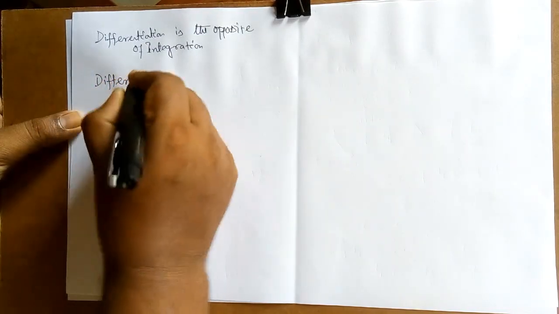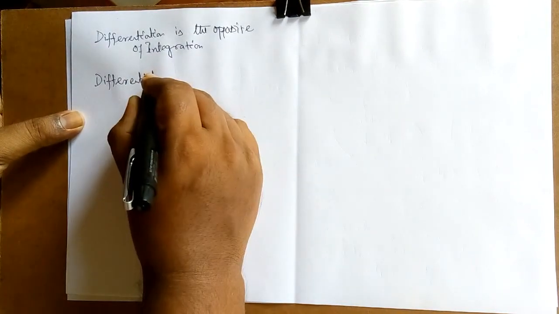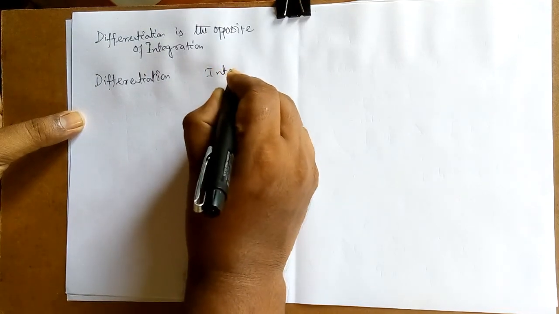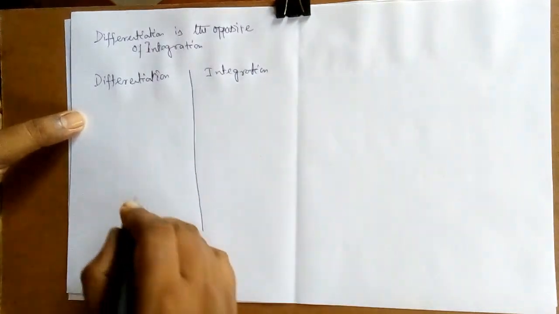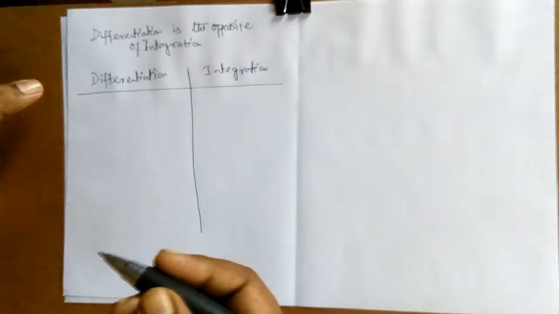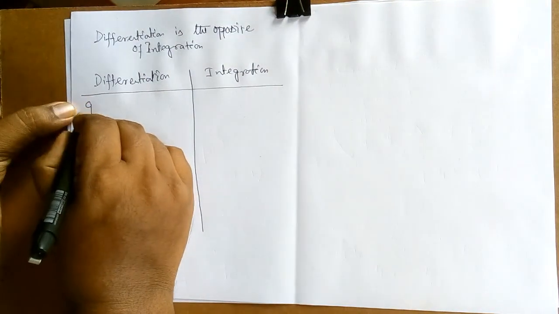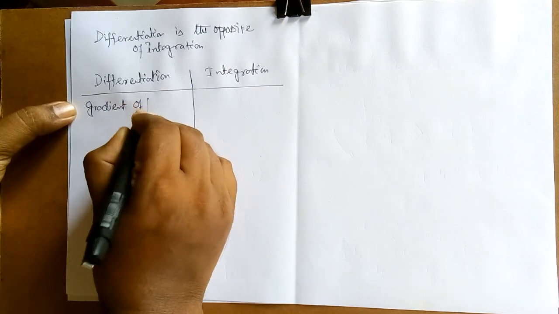If I write differentiation here and integration here, what is the difference? When we differentiate anything, we just find the gradient of a function.